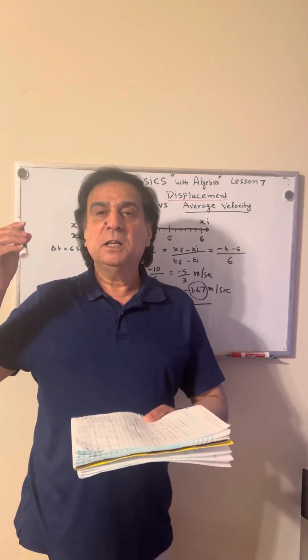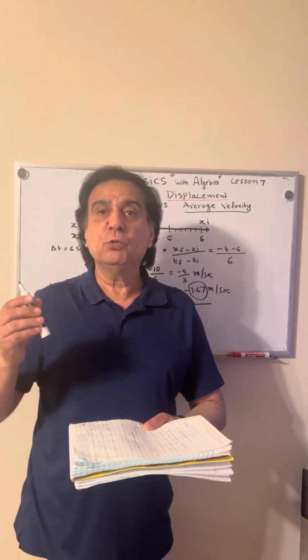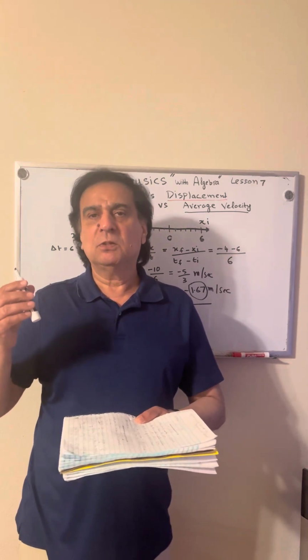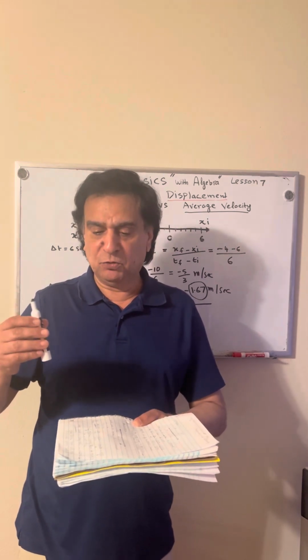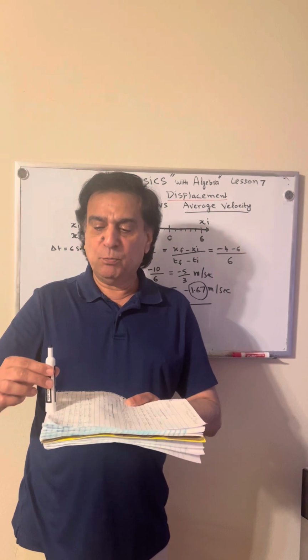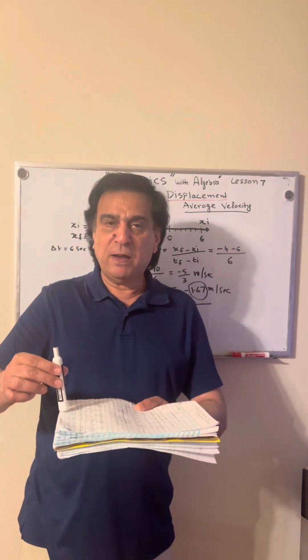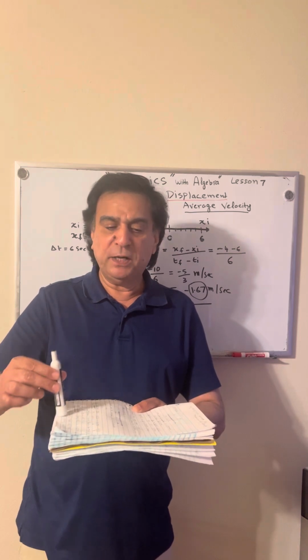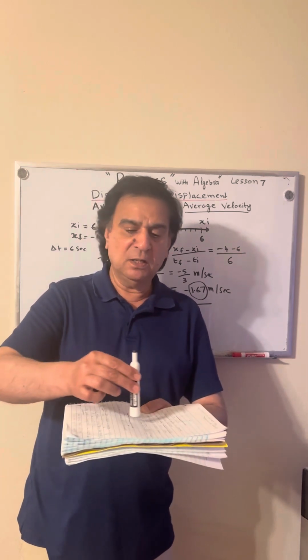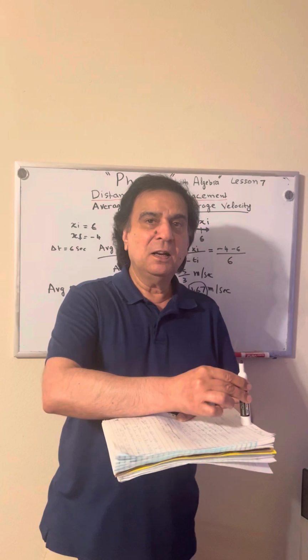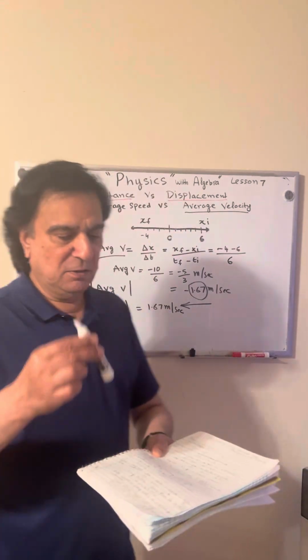I'm going to basically introduce you to something called instantaneous velocity. This is, let's say, point A, point B, all right? It takes you 5 seconds to get from point A to point B, so you're going like this. That's your average velocity, right?